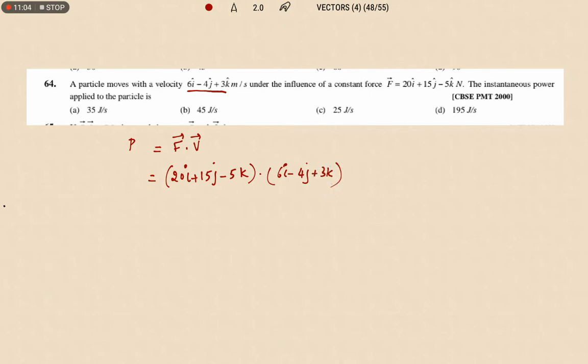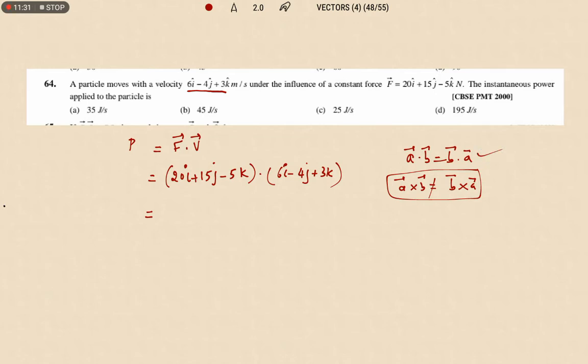You can write f bar dot v bar or v bar dot f bar, no problem at all, because we know that a bar dot b bar is equal to b bar dot a bar. But a bar cross b bar is not equal to b bar cross a bar, we cannot take it like this. The dot product we can take whichever vector first.